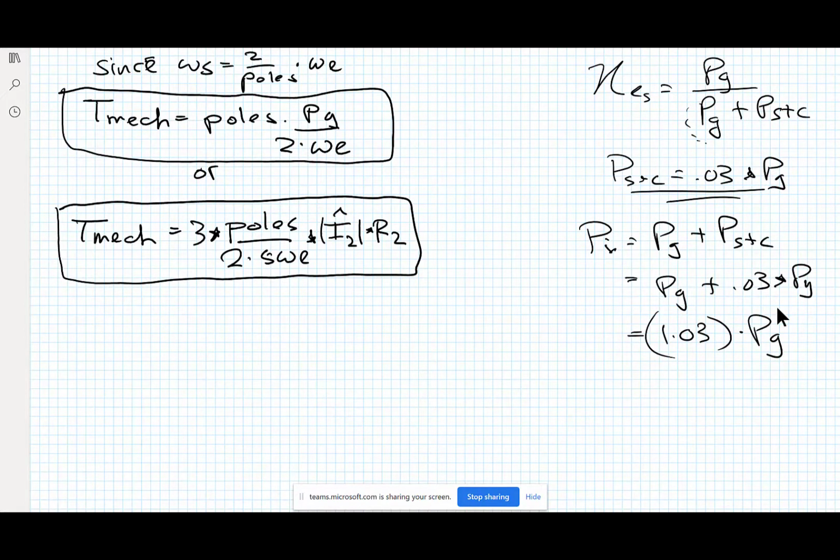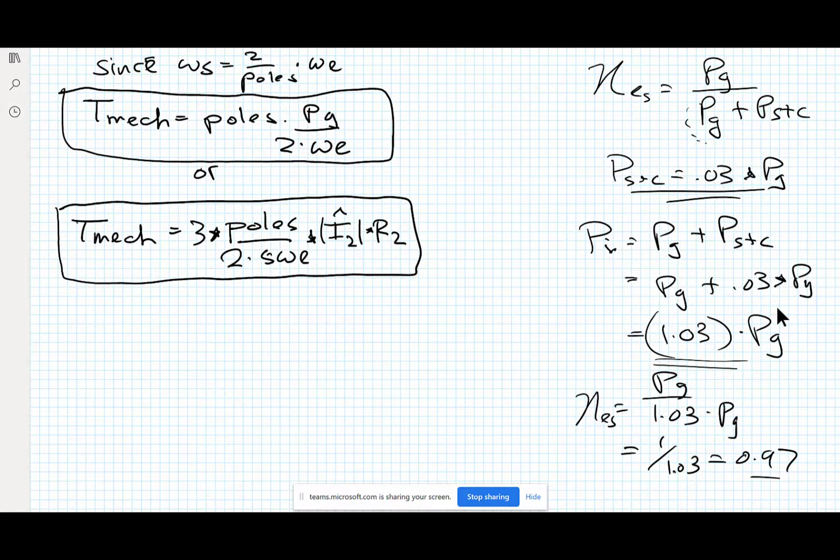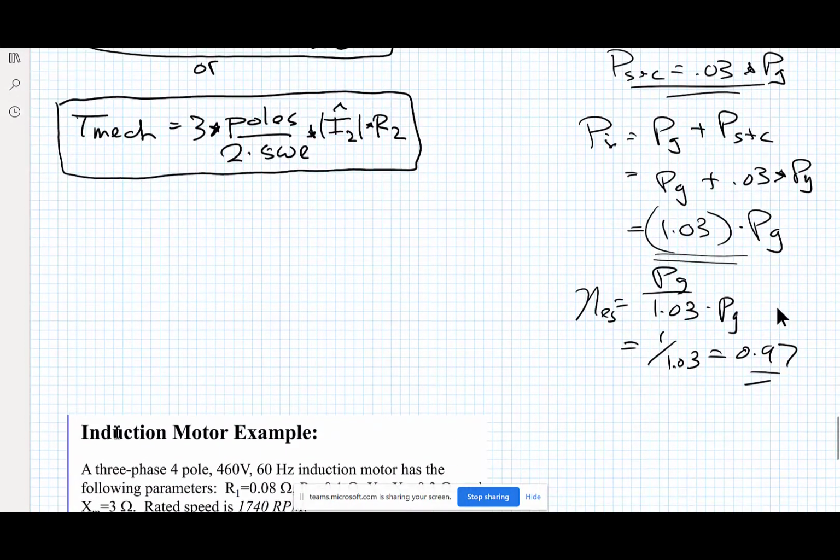And this is what's on the bottom, right? Well, the easier way to do this, what I know is I've got the efficiency equal to 1.03 Pg over Pg, or 1 over 1.03. I think 1 over 1.03 is 0.97. That's the efficiency.